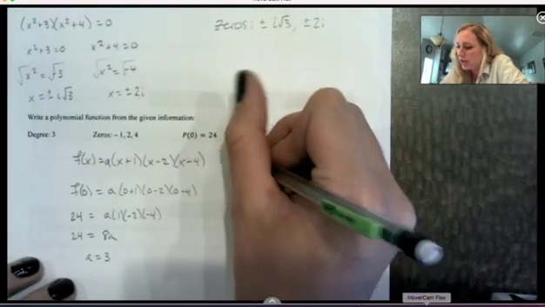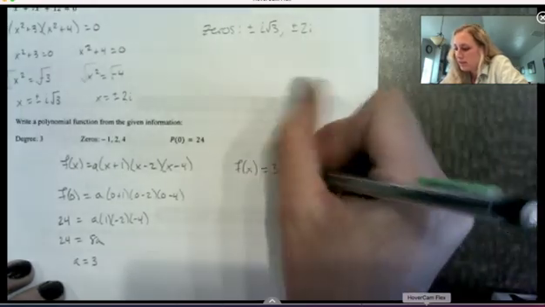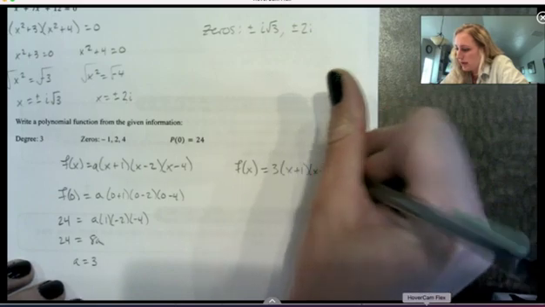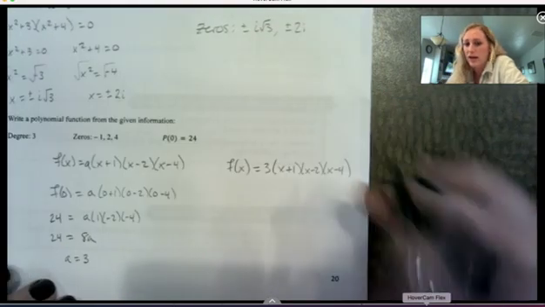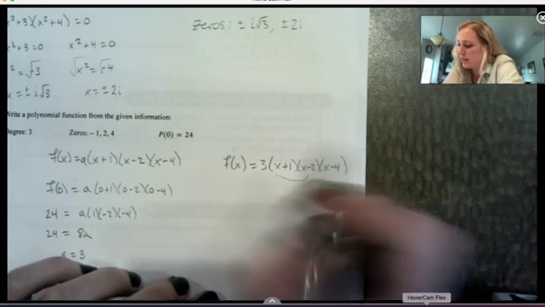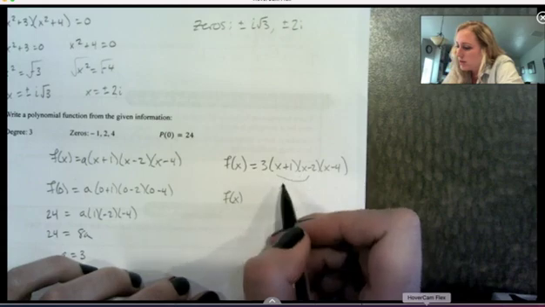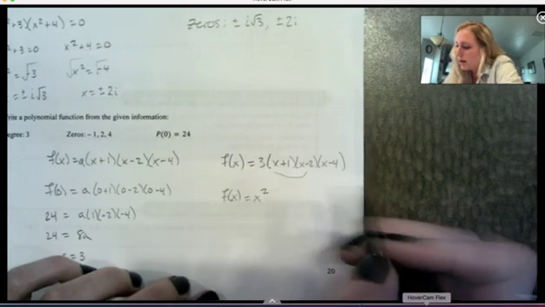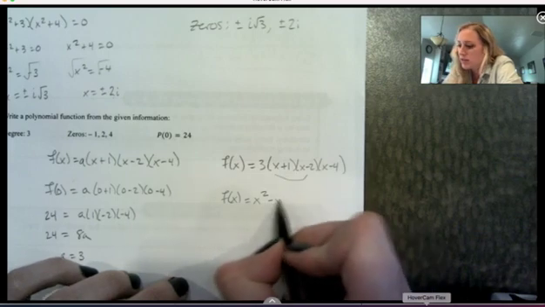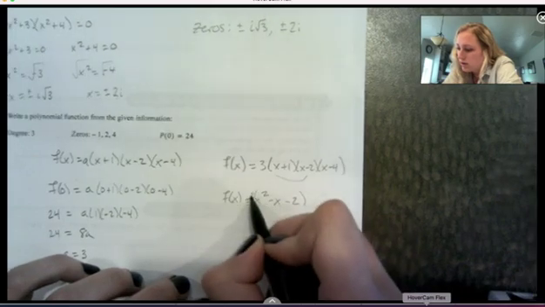So my function is 3 times x plus 1, x minus 2, x minus 4. Typically we would want that in standard form, so I'm going to distribute these together first. So we have x squared minus x minus 2. Oh, and I still have the 3 there.